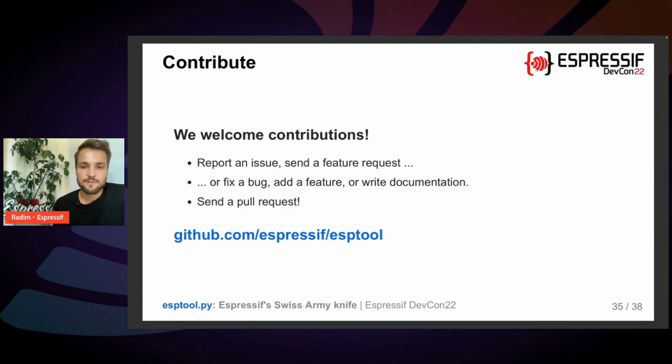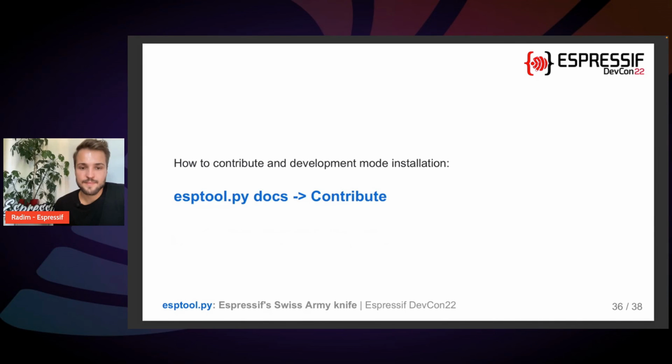If you do that, it will be more than welcome, because esptool started as a community project, and it still is an open source community project. So these contributions are very welcome. To learn about contributing and development mode installation of esptool, you can just go to the esptool docs and go to the contribute article. There you can find everything you need to start developing esptool or fixing bugs.